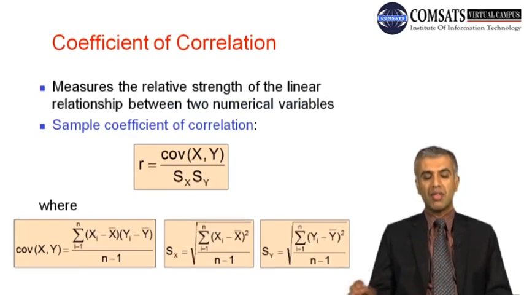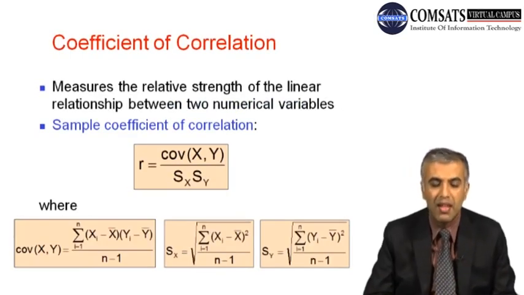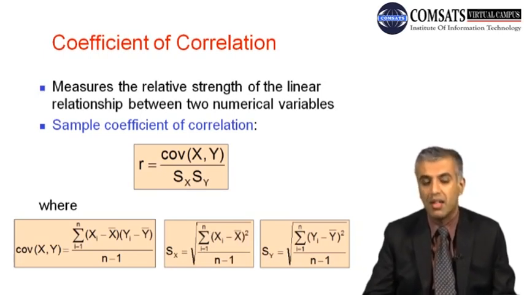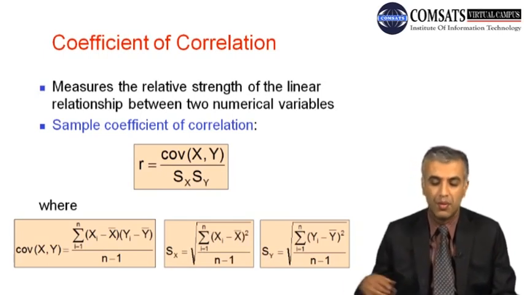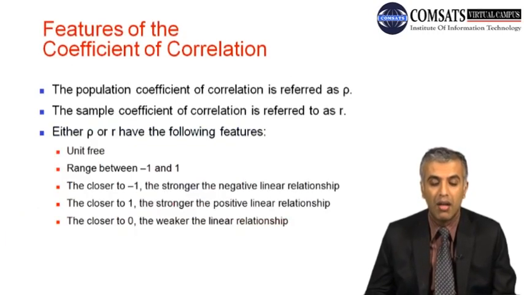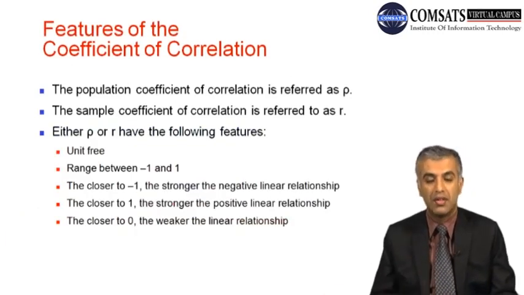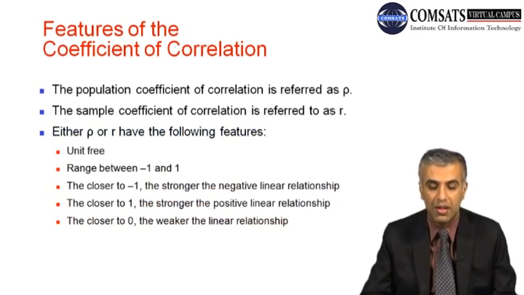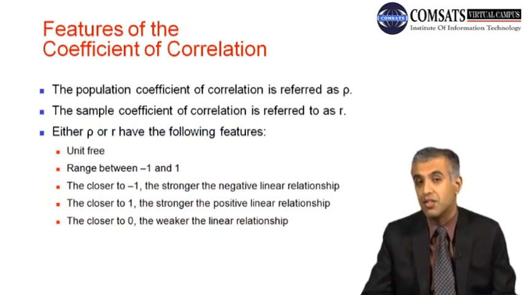Then a further extension of covariance is the coefficient of correlation, and again it's the same thing. It represents the relative strength of the relationship between 2 variables, and the formula is displayed here. We have already discussed it before. However, there is a certain feature related to the coefficient of correlation: it is unit free.